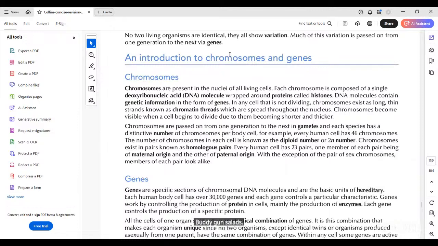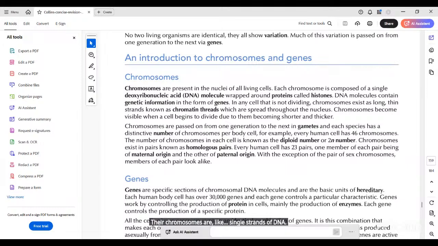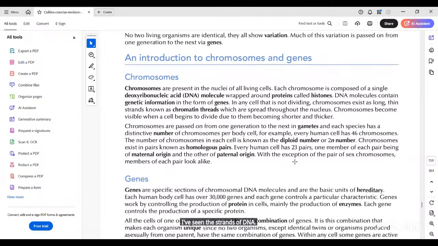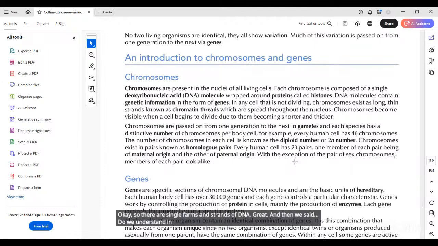Okay. Chromosomes are like single strands of DNA. Right, something like that. Okay, so they are single forms of strands of DNA. Great.